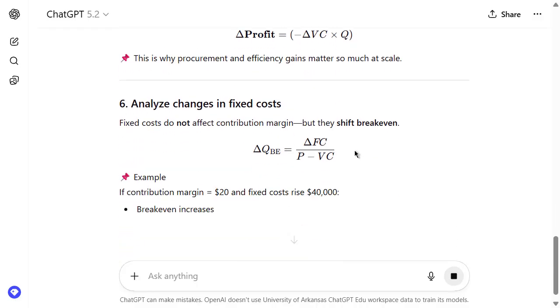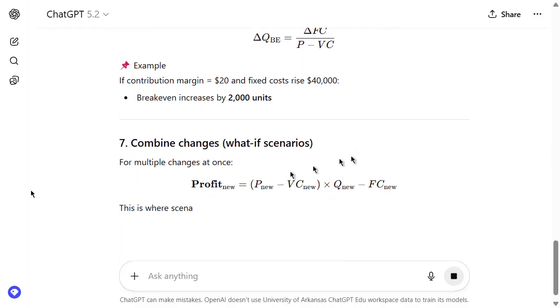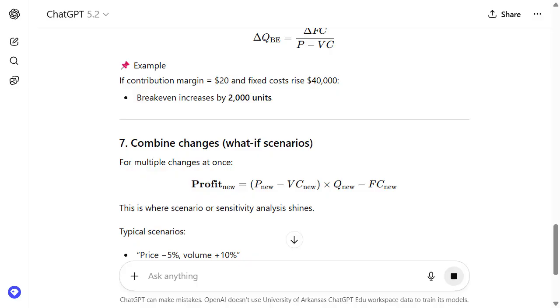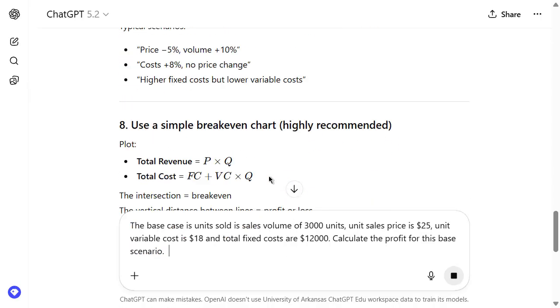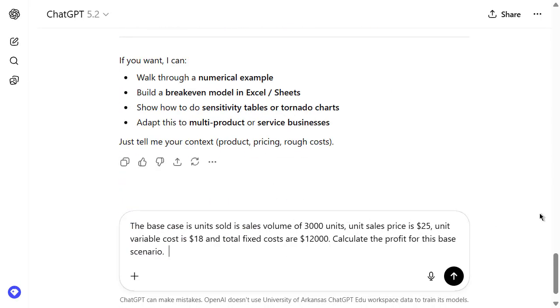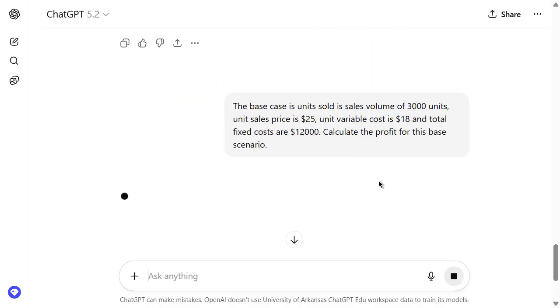All right, so it gives us a little bit of detail of what this might look like. And we're going to provide a base case, like, hey, this is what we think is most likely to happen. And so the base case is units sold, 3,000 units, unit sales price of $25, variable cost of $18, and total fixed costs of $12,000. And we just want to know, what's the profit for that base scenario?